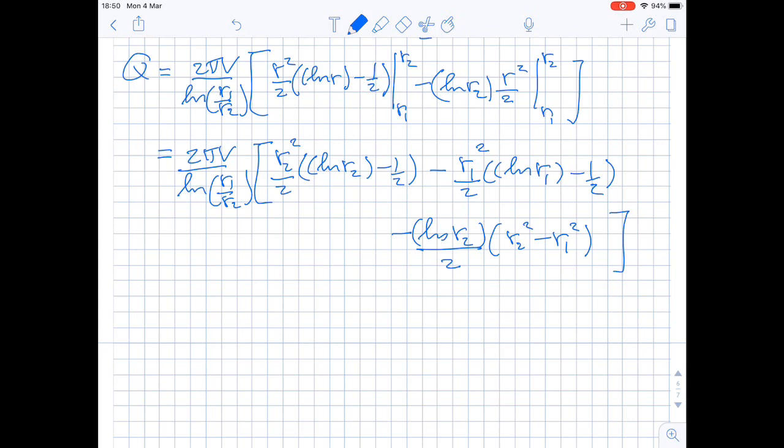Alright. Then, if I take these two terms together, I get r2 squared over 2 ln r2.